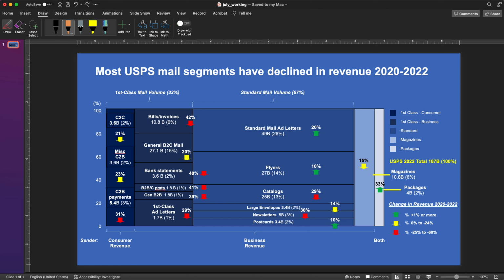I did a little bit of research, and I found out that for the United States Post Office, the percentage volume does not necessarily correlate with the percentage revenue. Meaning if we plot the width of these boxes by volume and the height by revenue, we're going to get skewed results. Based on the updated title, the focus of this infographic is going to be revenue. So I'm going to recommend we remove the volume designation completely.